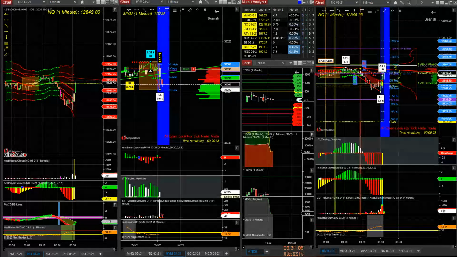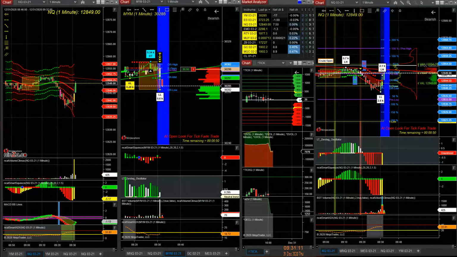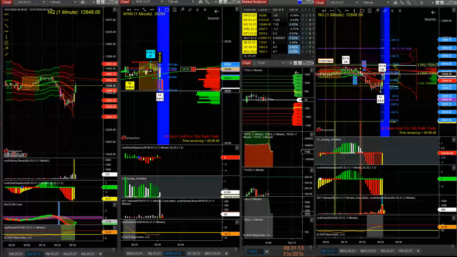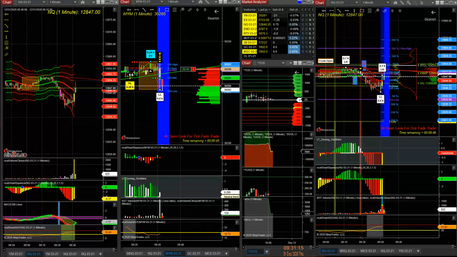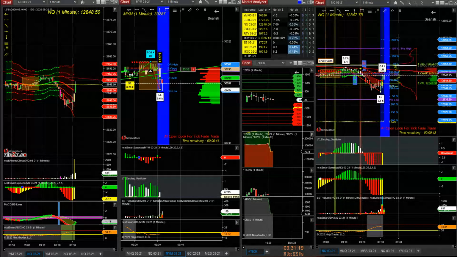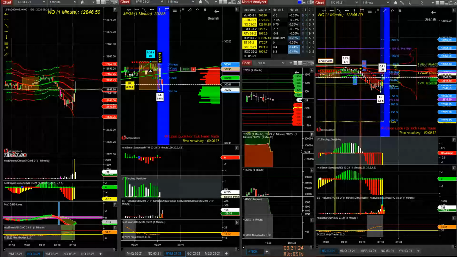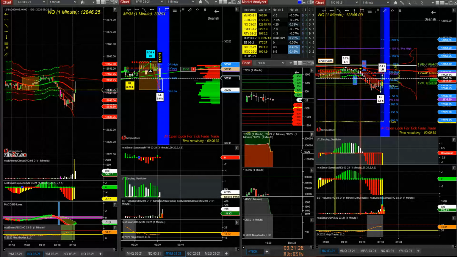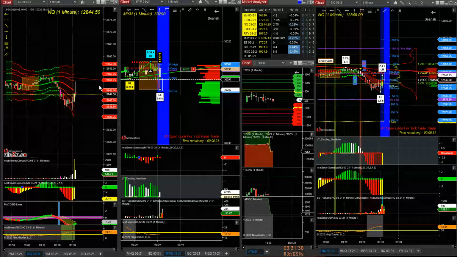I was set up for the open, you know. So NQ is kind of bouncing up here. I look to short NQ and it rallied up too. So might sniff at a micro and then try to take it down. I don't think this market has any legs to stand on.